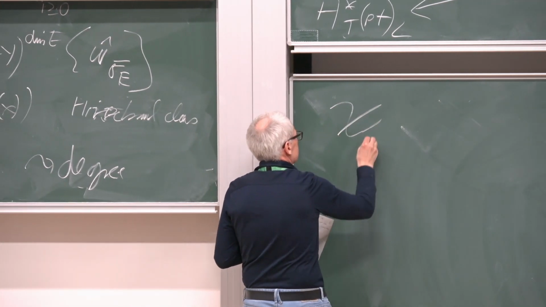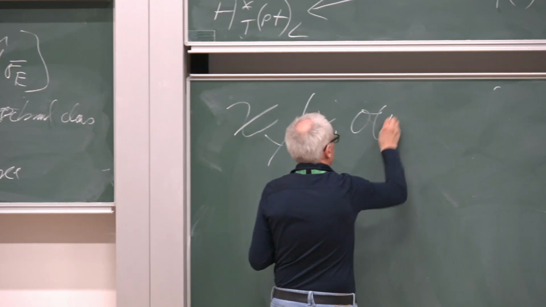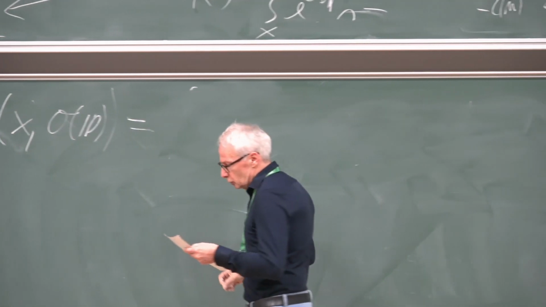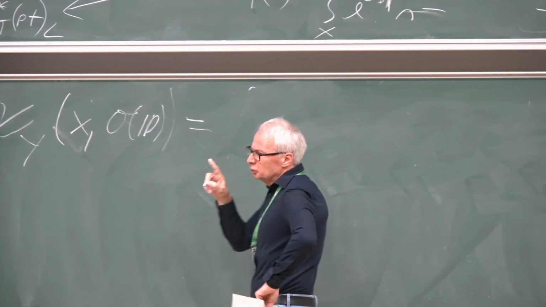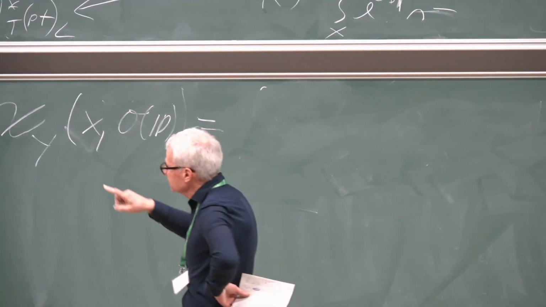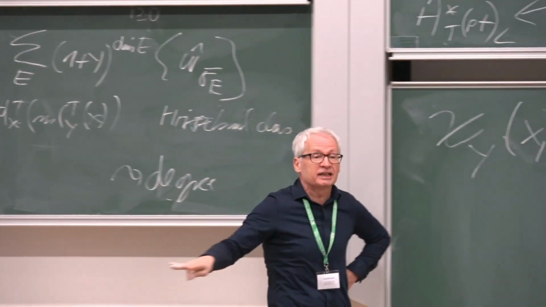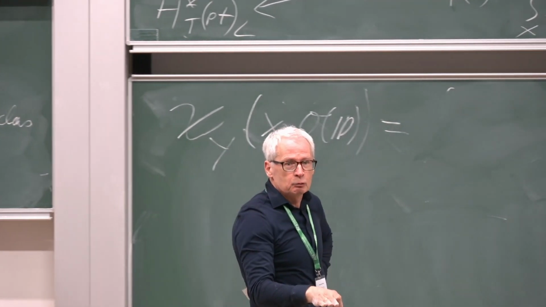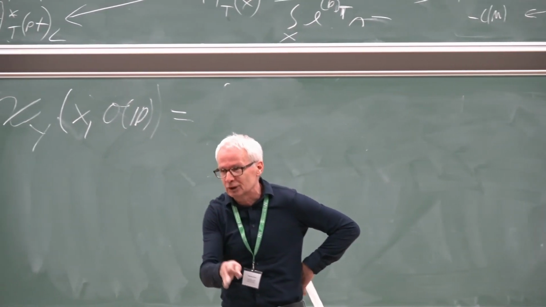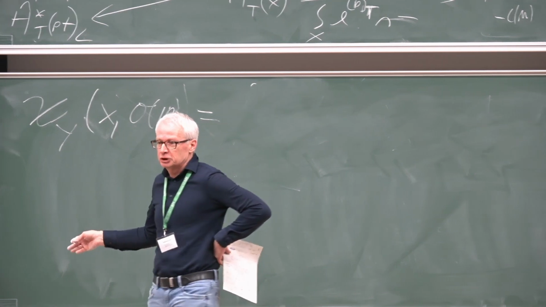I take a twisted chi-y genus of X with respect to this ample divisor coming from the toric variety. So if you look at what it should be, I want to calculate the push forward of the coherent sheaves. So for the coherent sheaves, I now take the sum with the parameter. That means I just take a collection together. And if you write it with a parameter inside, you get the formulas nicer if you would like to do it step by step. So I plug in a series of coherent sheaves.